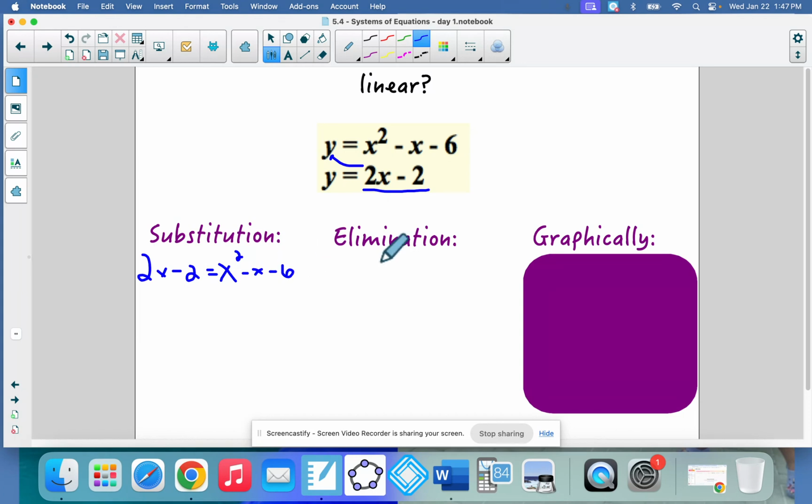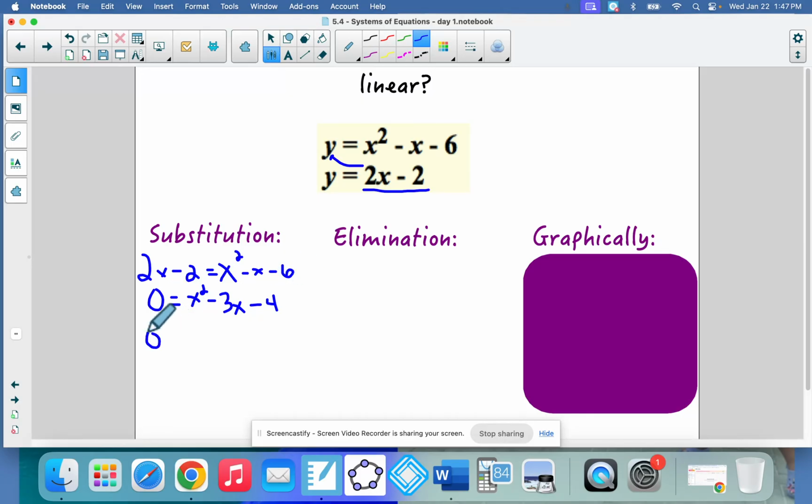When I do it that way, I can see that I have a quadratic right here. So once I have it as a quadratic, I'm going to set it equal to 0. So 0 equals x squared minus 3x, because you have negative x minus 2 more, and then minus 4, because it's going to be negative 6 plus 2.